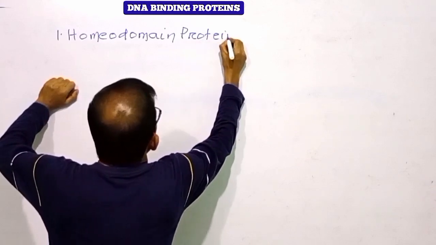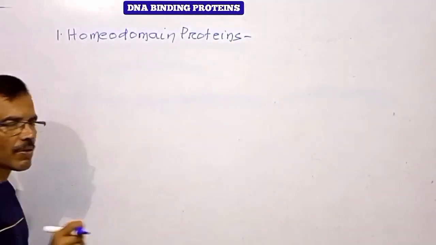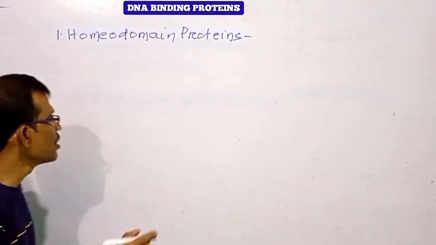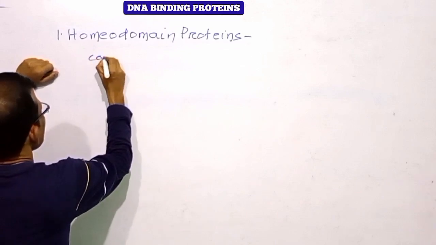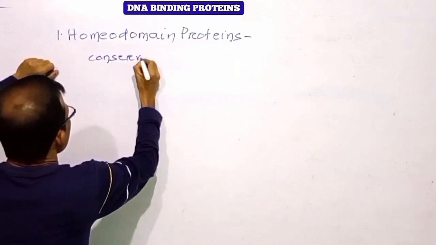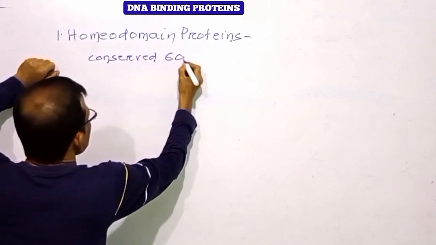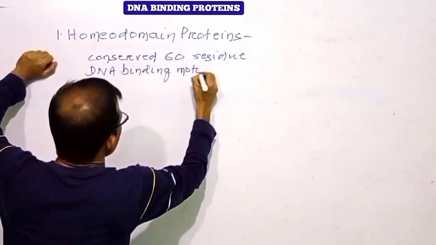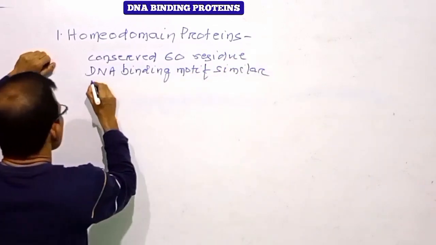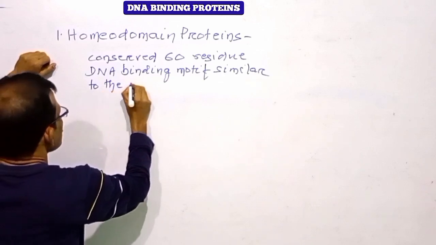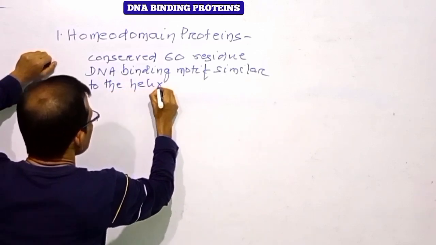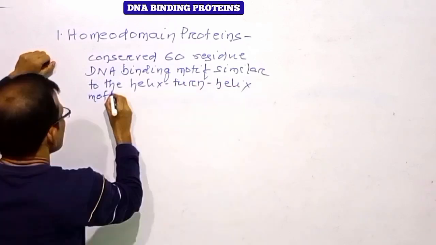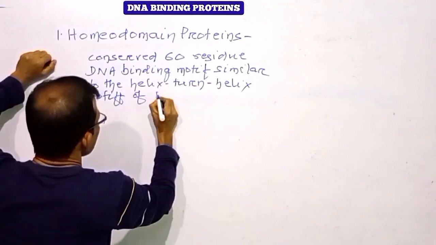Many eukaryotic transcription factors that function during development contain a conserved 60 residue DNA binding motif that is similar to the helix turn helix motif of bacterial repressors.